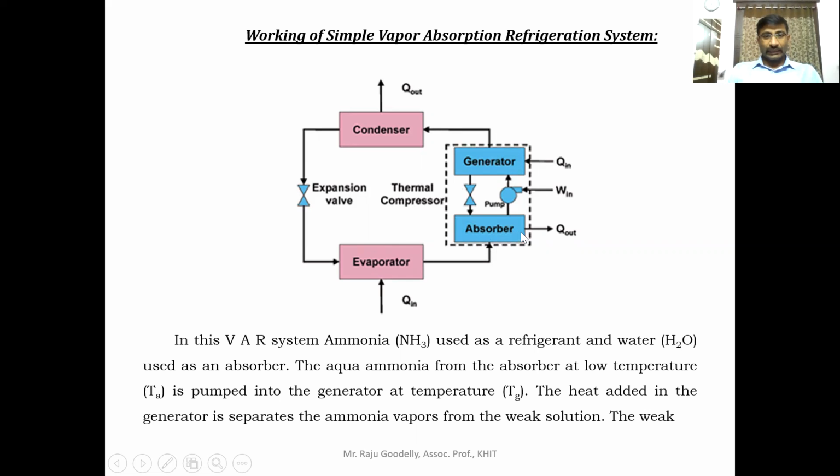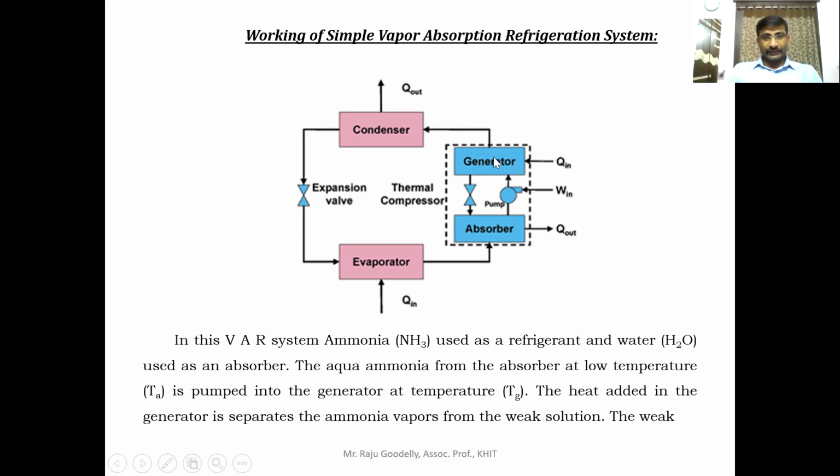These four components are absorber, pump, generator, and expansion valve. Clear? These four components combinedly are called thermal compressor or thermocompressor. This is called the thermocompressor because combinedly they perform the same function as that of the compressor in VCR system.